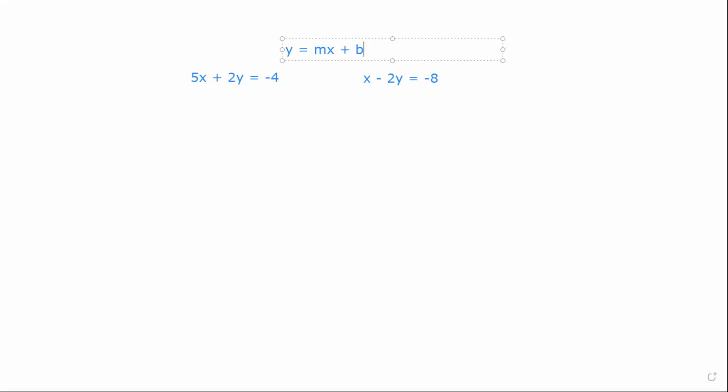So the first thing you're going to do in every case converting standard form is to deal with this, because we're solving for y. We just want to leave the y term where it is. So how do I get rid of that 5x?